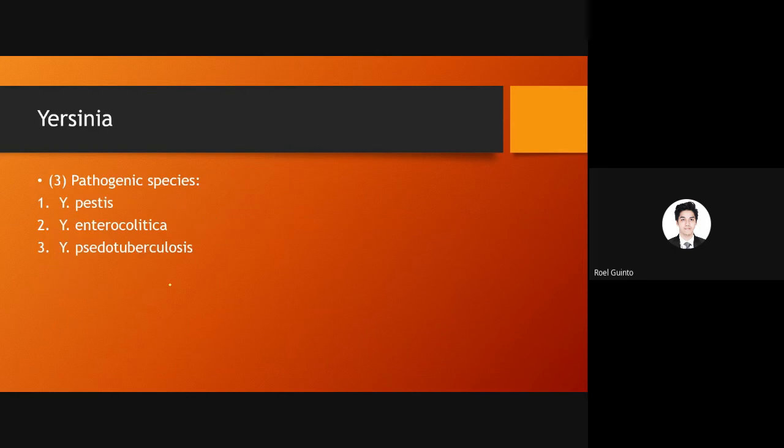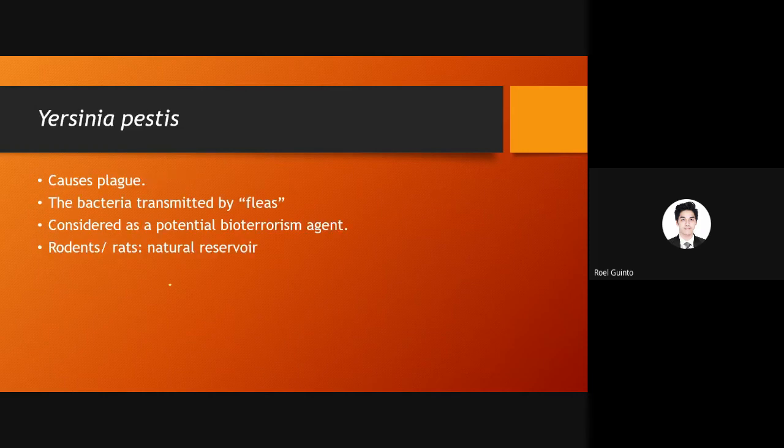Next, we have Yersinia. So we have three pathogenic species under Yersinia species. We have Yersinia pestis, Yersinia enterocolitica, and Yersinia pseudotuberculosis. So first, we have Yersinia pestis causes plague. So guys, kung nagbabasa kayo sa Facebook, di ba sa China, kumakalat na naman daw yung plague disease.